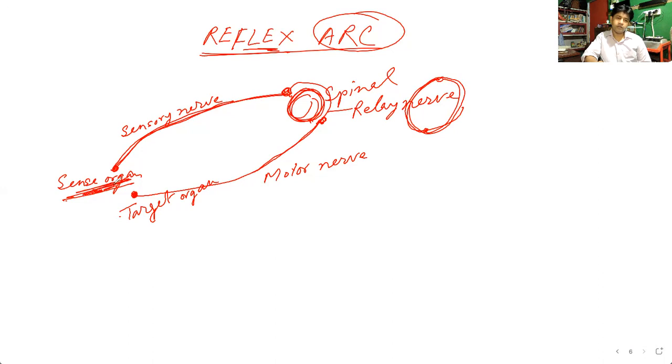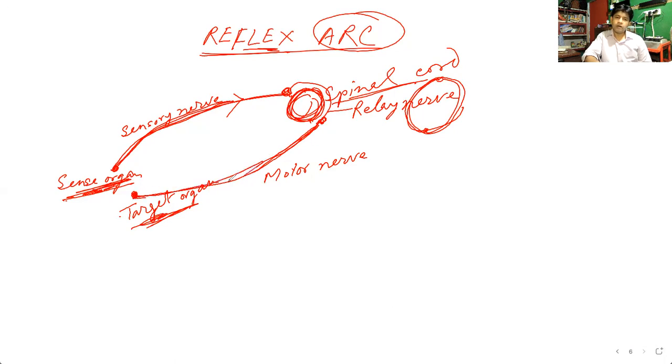First of all, sense organs should be there. Then sensory nerves, which will carry the information to the spinal cord. Then definitely the spinal cord should be there. Then the motor nerves should be there, which will carry the instruction of the spinal cord towards the target organ. One target organ should be there. That means the organ which will work is the target organ.